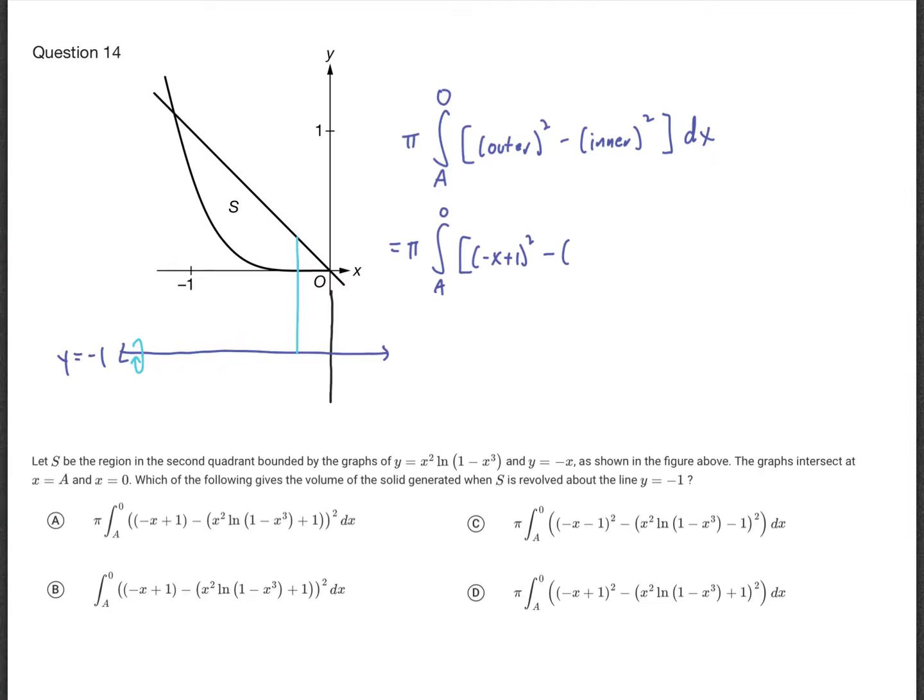And then the inner radius is just this distance here. We can see this distance is from this function to the x-axis, so we have to add 1 to that function. So that'll just be this function here plus 1. So all you're doing is adding 1 to these functions and squaring them.